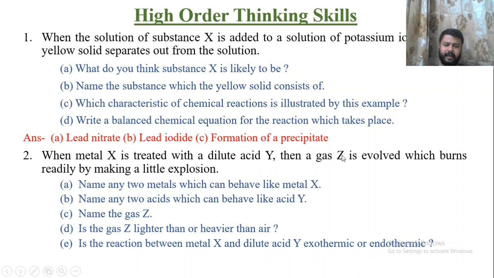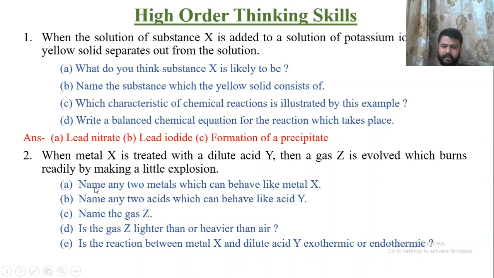So you can say that this Z is nothing but hydrogen, and this Y will be any acid, that will be sulfuric acid or HCl, and X can be any metal which is higher in the reactivity series than hydrogen.